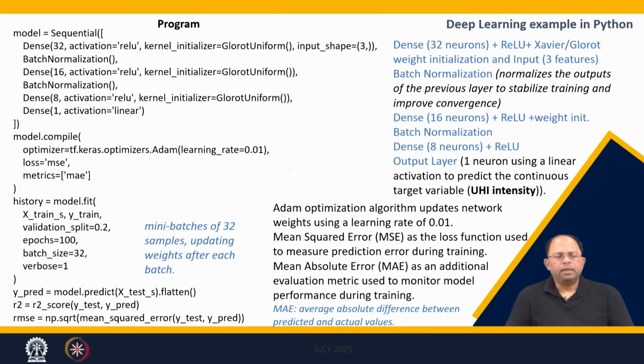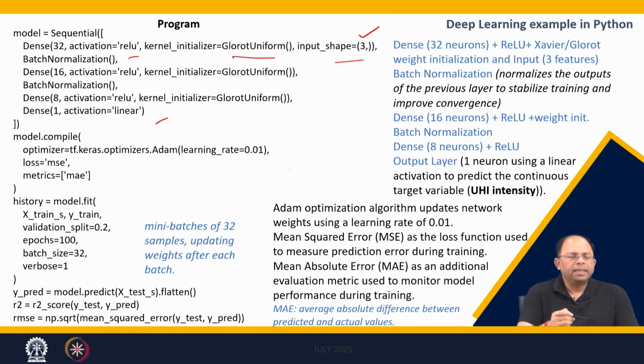So after that we define the model first. The model is going to be Sequential. That means we are first declaring how many neurons should be there in the different layers and how many layers should be there. So Dense 32, activation ReLU, kernel initializer GlorotUniform, input shape equal to 3. So these are the input features; we are starting with 3 features.